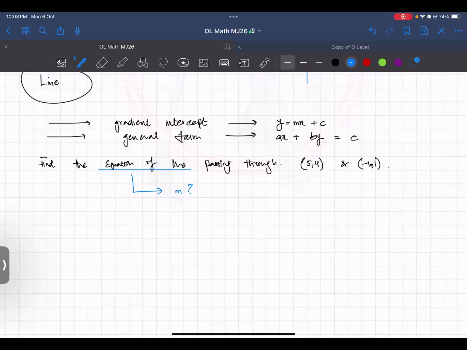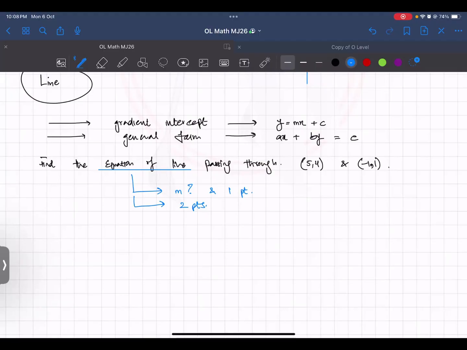Definitely, you don't know what the gradient is, and you need one more point. Or if you have 2 points, then you can find the gradient yourself as well. So somehow, for that particular line, you need to check: do you have the gradient of the line, and do you have 1 point on the line? If you have it, then that would be enough. Otherwise, you need 2 points.